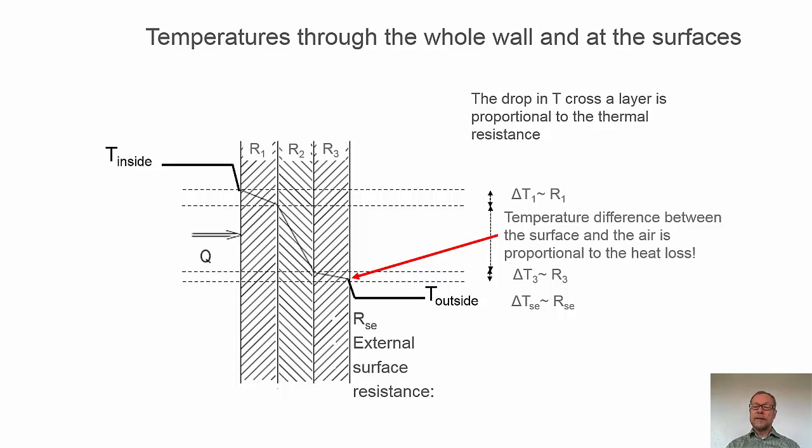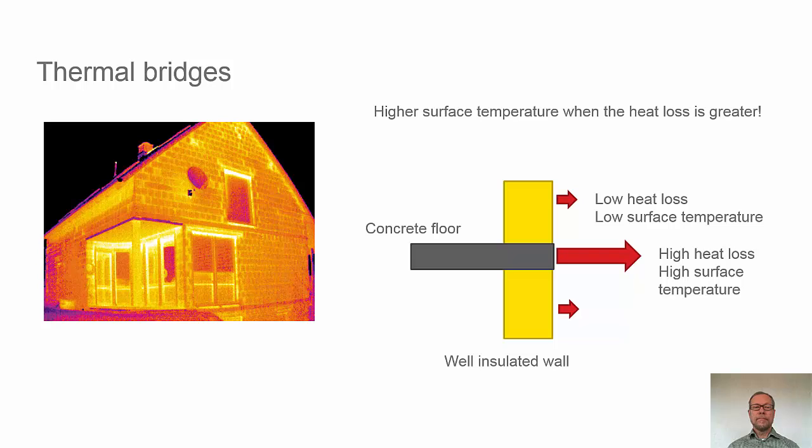The temperature difference between the surface and the surrounding air will be determined by the surface resistance and will be proportional to the heat loss. So the more heat loss flowing out from the building and the greater the external surface resistance, the greater the temperature drop at the outside of the building surface.